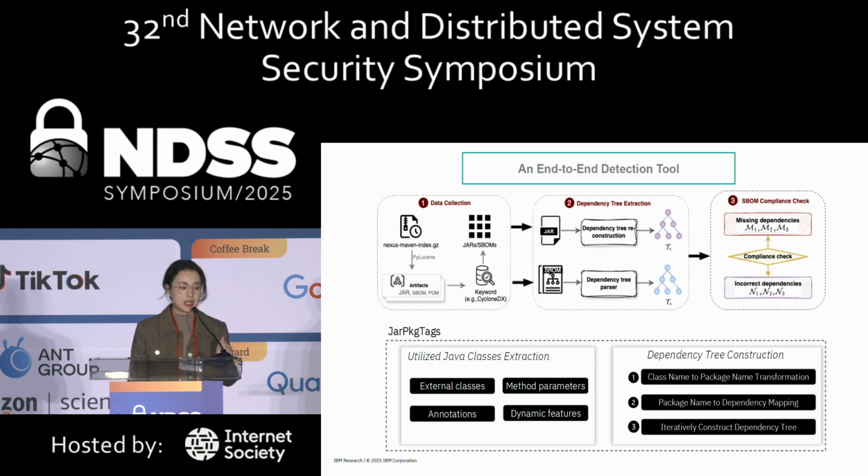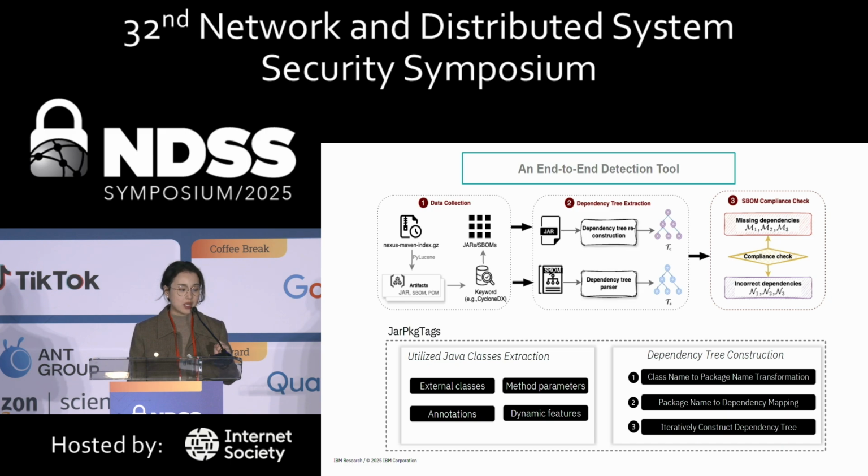And to extract the dependency tree from the jar file, we developed a binary analysis tool called JPKG tags. It essentially scans the bytecode of the Java class to capture the utilized Java classes from the external classes, method parameters, annotations, and dynamic features.